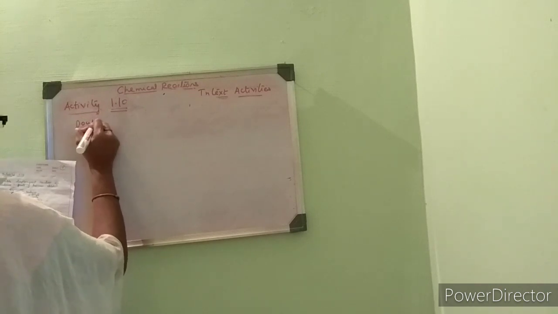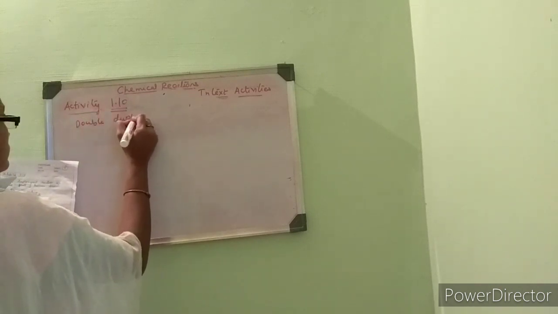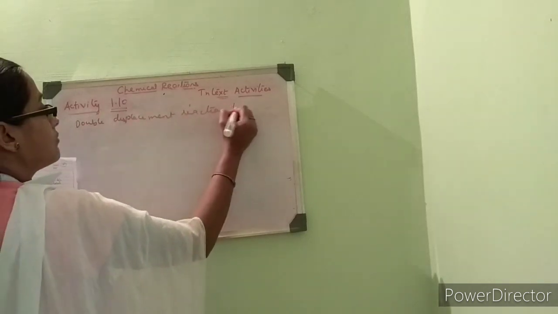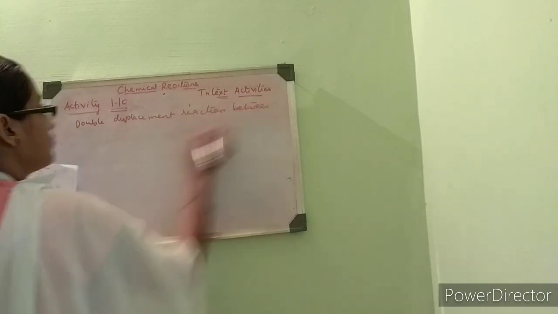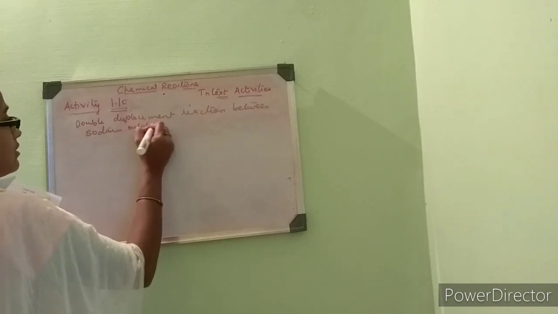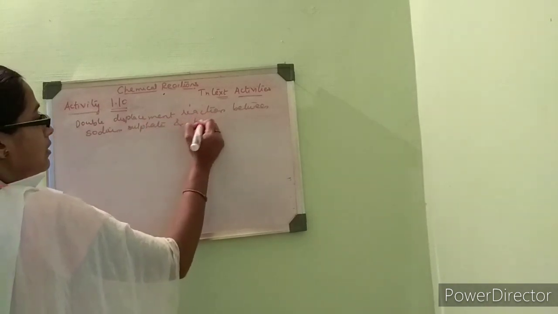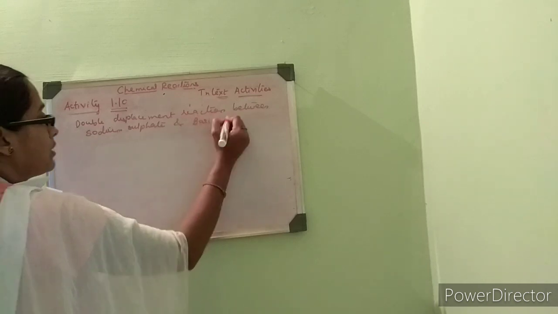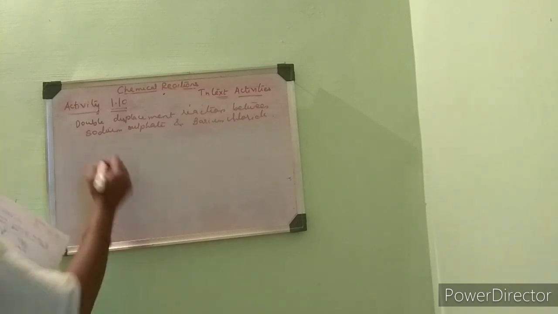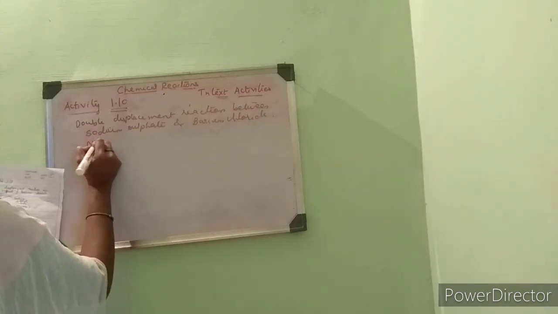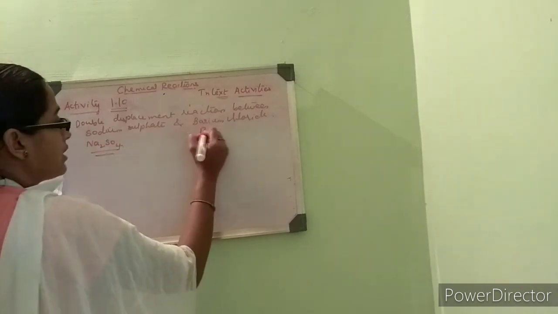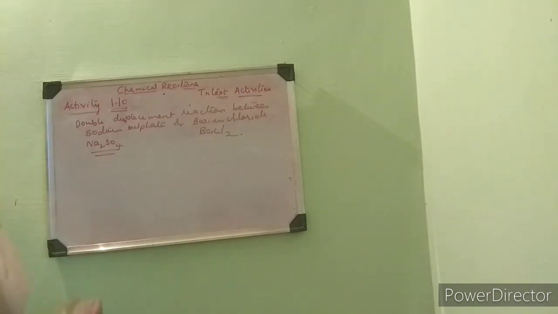Double displacement reaction between sodium sulfate and barium chloride. So you can write that Na2SO4 is sodium sulfate, barium chloride is BaCl2.